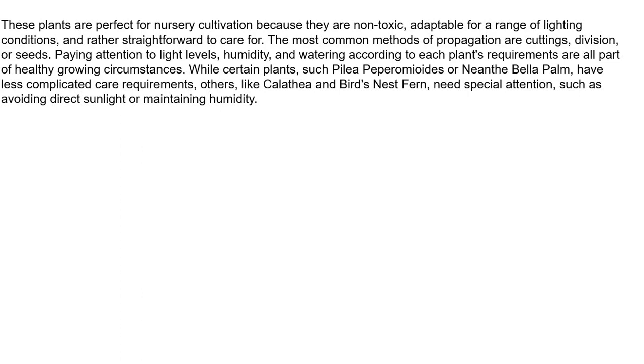While certain plants such as Pilea peperomioides or the bella palm have less complicated care requirements, others like Calathea and bird's nest fern need special attention such as avoiding direct sunlight or maintaining humidity.